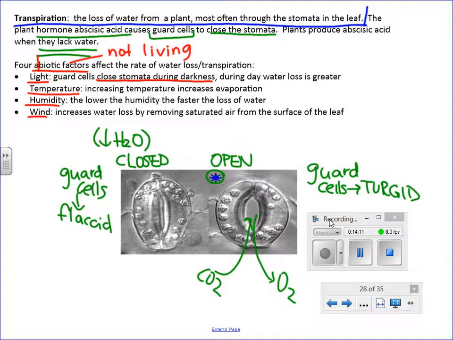Plants are still doing cell respiration and might need to open to release some gas that they've produced. But generally, stomata don't need to be open during the night because photosynthesis is not happening. That means that during the day, water loss, in other words, transpiration, is greater.